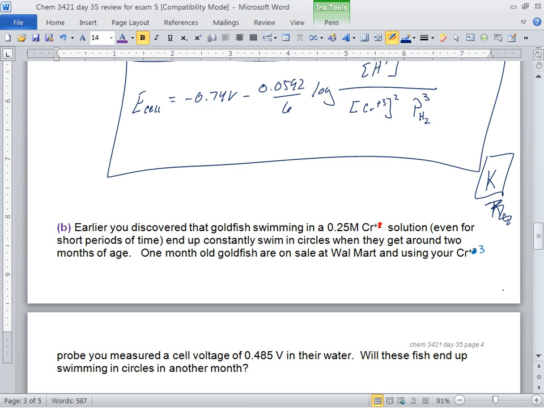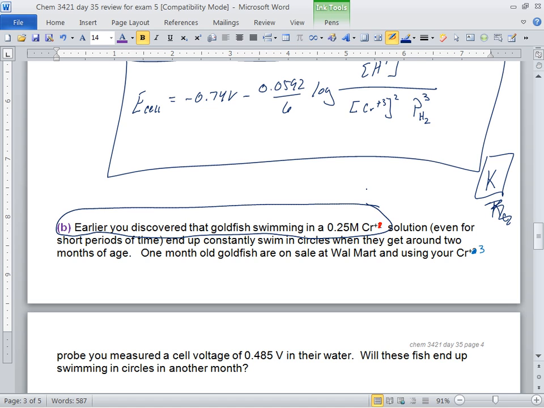So the problem really wants you to do what? Solve for the concentration of what? Of H plus. Here's the qualifier.